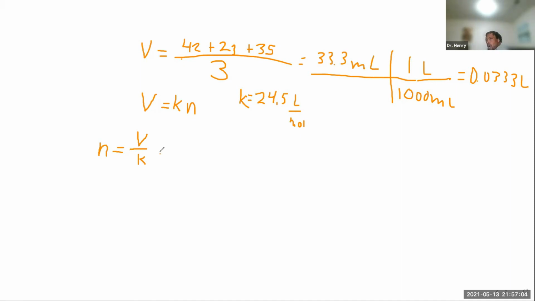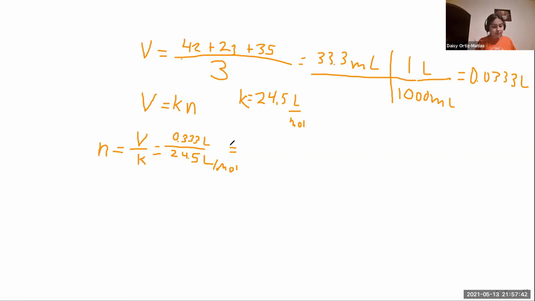And then you just plug in your value. Oh, okay. So it would be 0.0333 divided by 24.5. Oh no, that's 24.5. So it would be 0.0013.